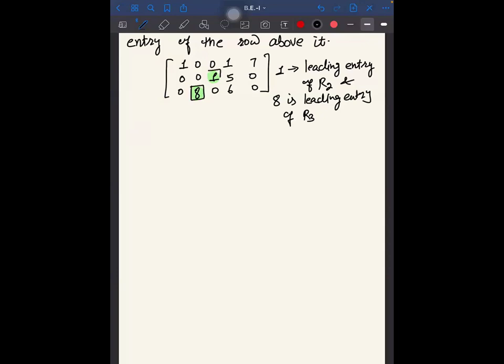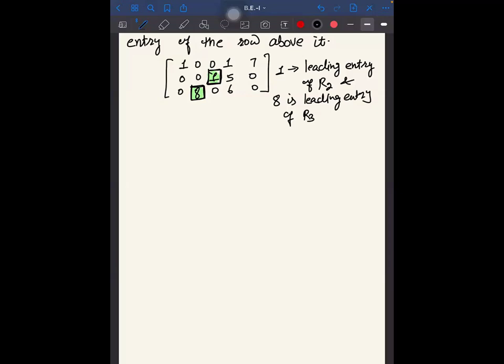Yes. इसको देखो, ये क्या है सर? लीडिंग एंट्री फिर से बताना सर। अभी तो मैंने बताया ही नहीं, ठीक है? So just listen to it. This is a leading entry, right? This is also a leading entry. Are you with me on this?